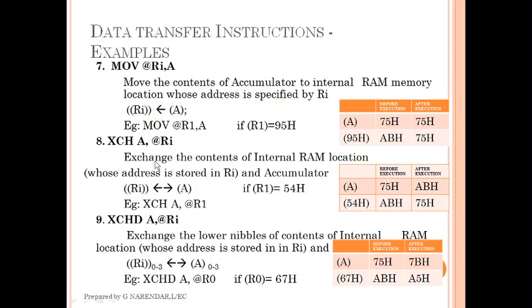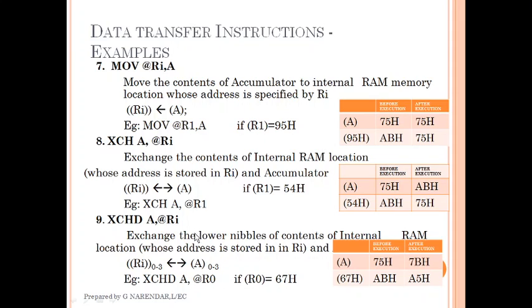XCH means exchange the total contents of the two locations. XCHD means exchange the lower nibble of the source and destination locations.